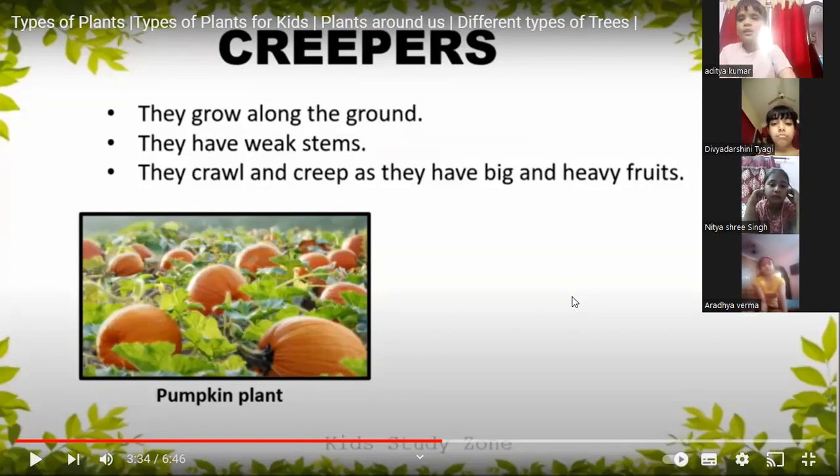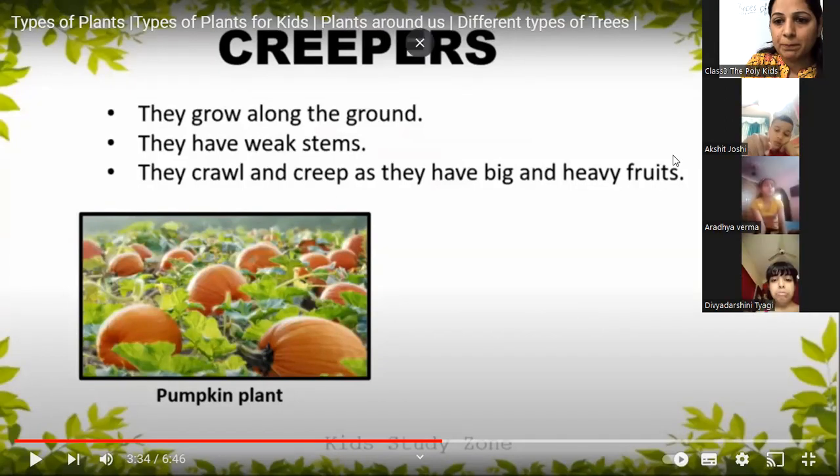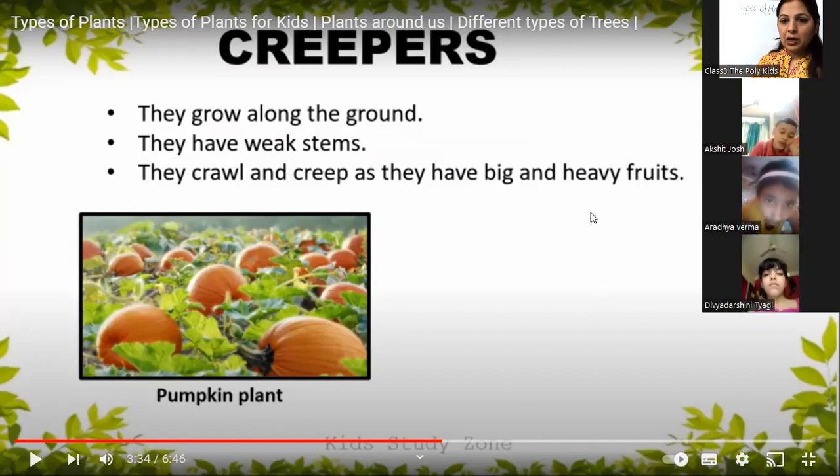Now, next we have creepers. What are creepers? Creepers are the plants that grow on the ground. They spread on your ground. Their stem is also weak.